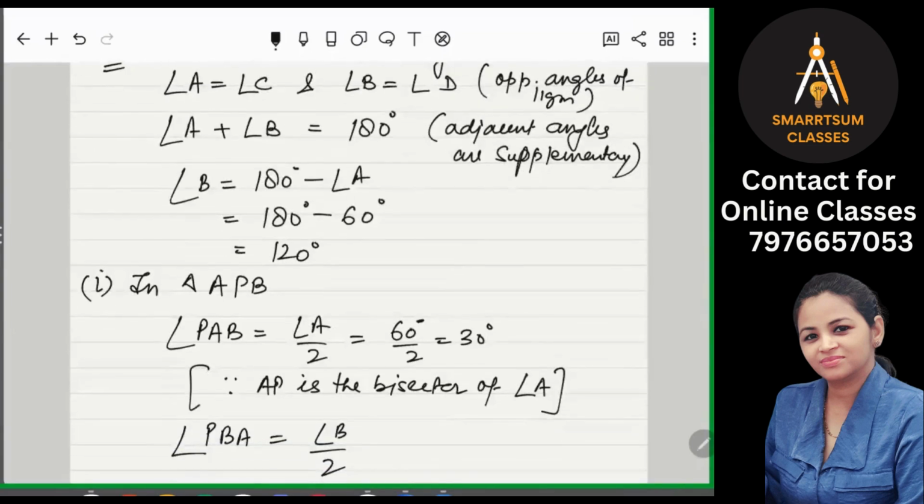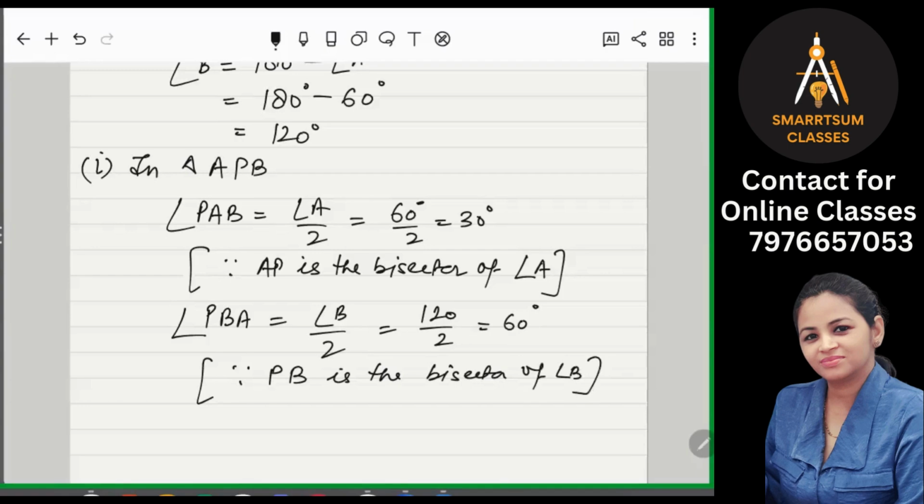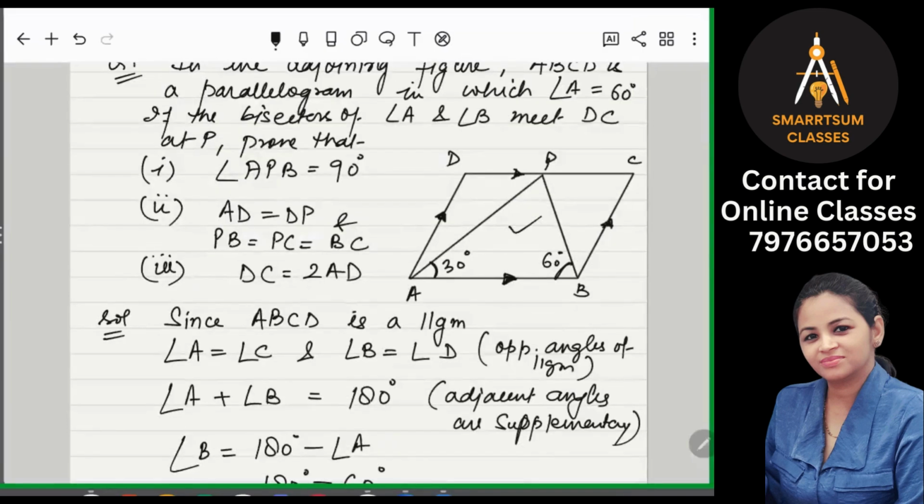Getting it? So this is 120 by 2, 60 degrees. Why? Because PB is the bisector of angle B. Getting that?